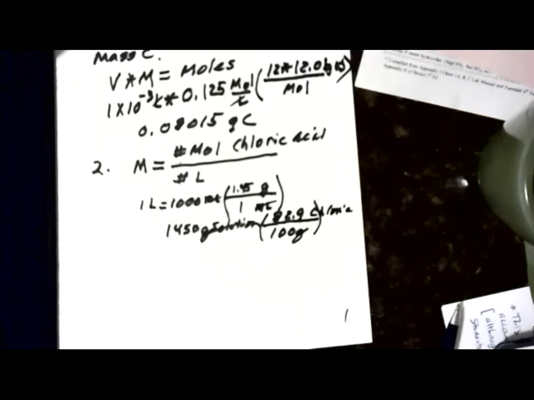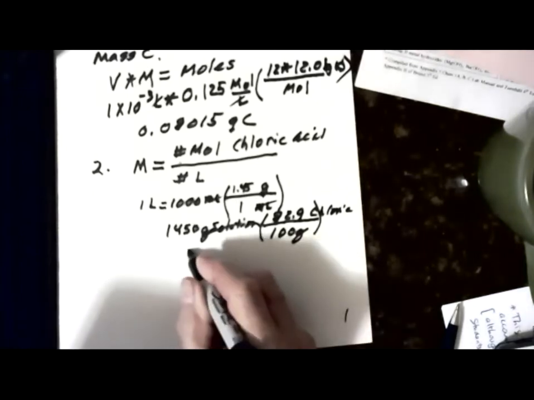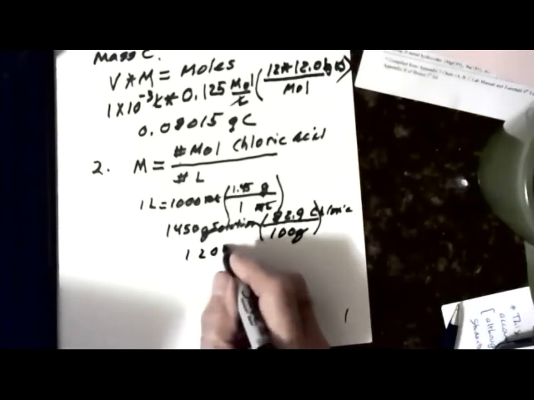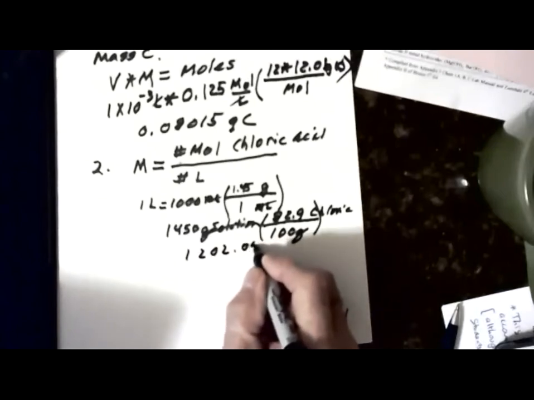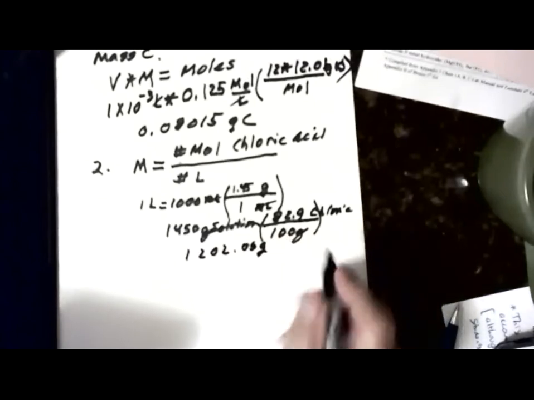So I've got 1450 and I want to multiply by 82.9. No, I'm sorry, I've got to divide by 100. Okay, that looks right on my screen. So let's go ahead and do that. So I have 1202.05 grams of the chloric acid.